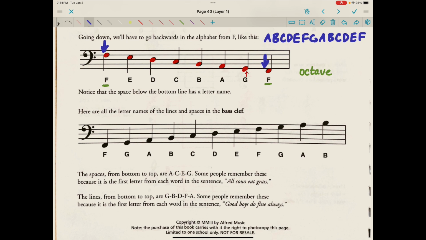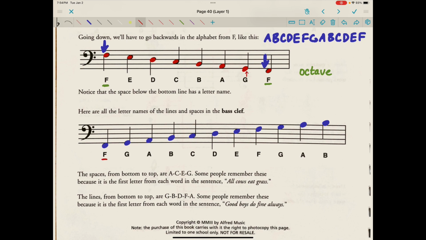Here are all the letter names of the lines and spaces in the bass clef. So F, G, A, B, C, D, E, F, G, A, B. Let's just go through and notice the octaves we have here.